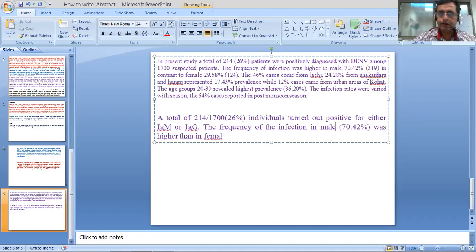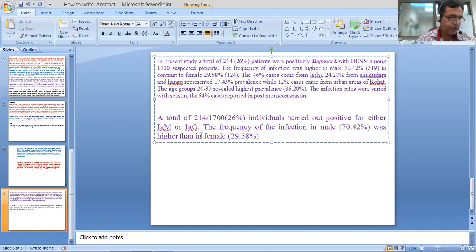I can write just male here and female. And what is that percentage in the case of female? It's 29.58% that he has given. So it's the same percentage that he has mentioned, but a different structure of the sentence that I actually have used here.